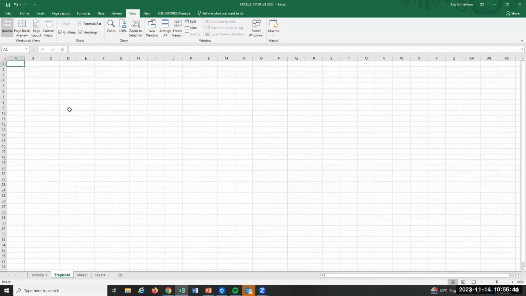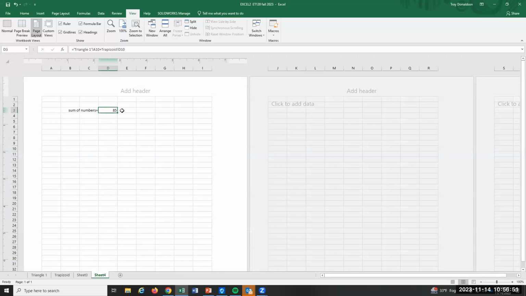So you do want to name your sheets. It's very helpful. So I'll put a number in here, 20. So now it'll pick that number up and it's summing it for me. So the formula looks like equals the cell location refers to the sheet. So that is A10 from sheet triangle 1 because I named my sheets.